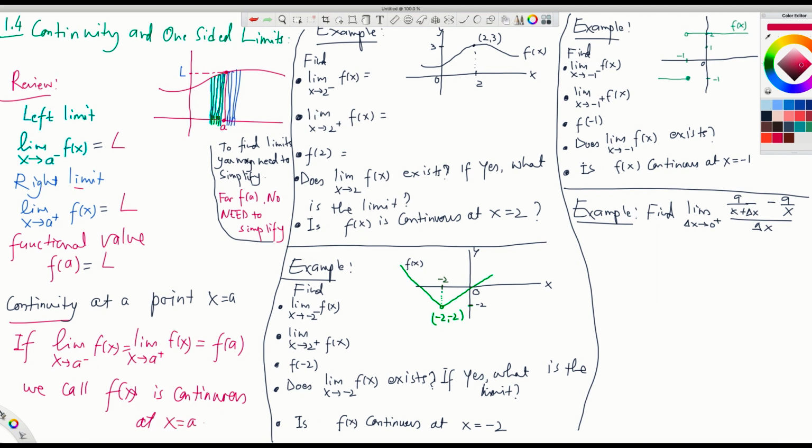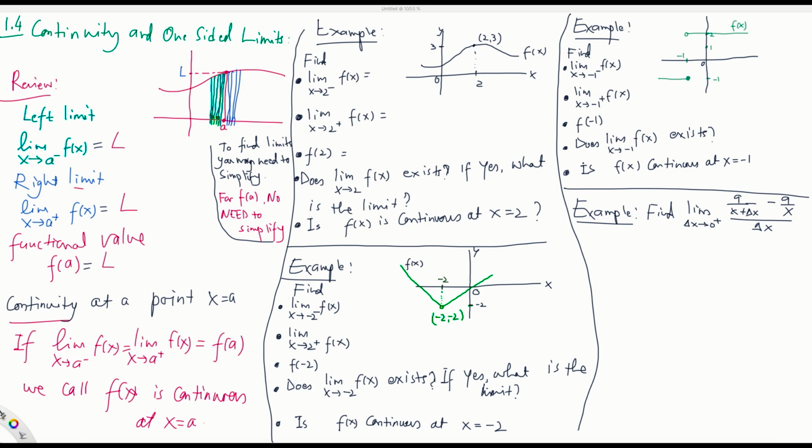If the left limit is equal to the right limit is equal to the functional value, and make sure that those limits and the functional value are finite, okay? They must be finite. Then we call that the function is continuous at x equals A.